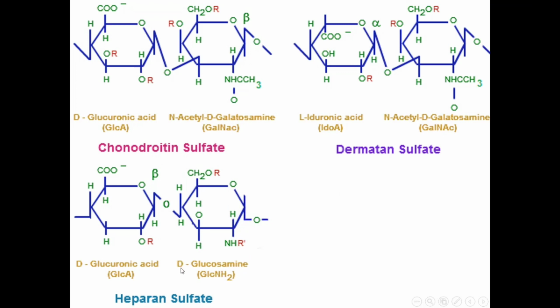Or if we change the second one, it makes heparan sulfate. If you remember, we have heparan sulfate in the basal lamina. I don't want you to memorize the names of these sugars. We just have a disaccharide, and you don't need the exact name of each one.